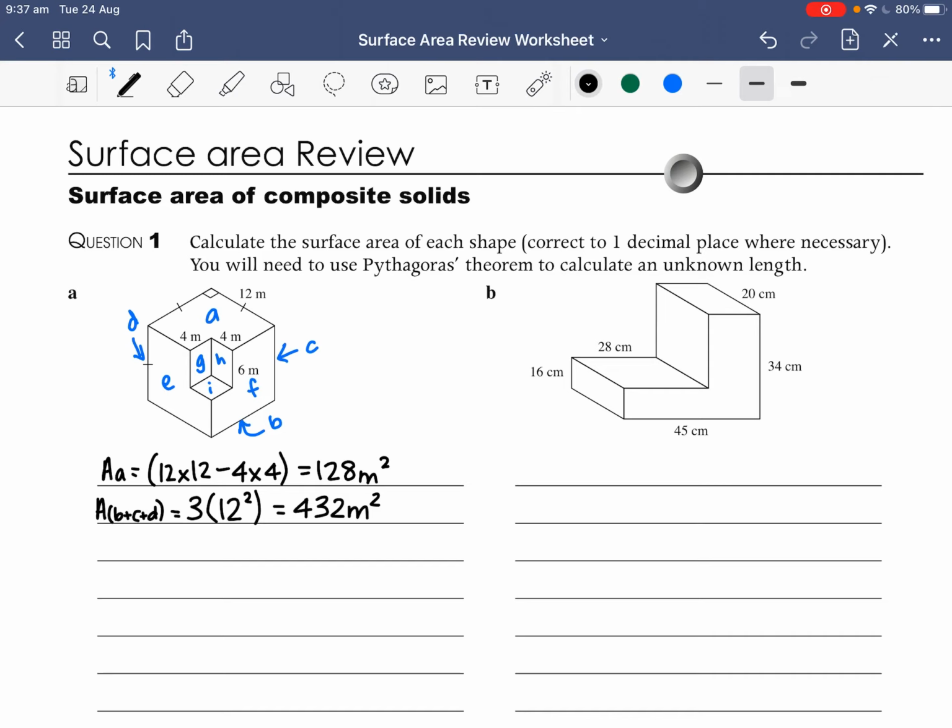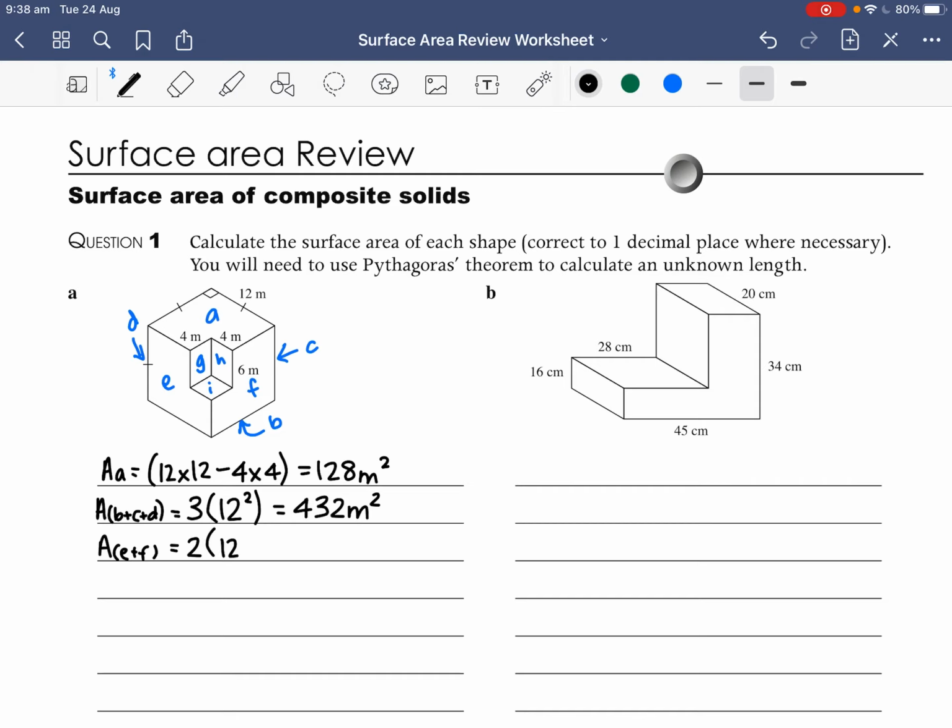So we've done A, B, C, D. We're now going to do E and F. Now these are exactly the same shape. They are this shape here and this shape here. They are just the flip of each other. And again, they started off to be a square, and then they had a rectangle taken out this time.